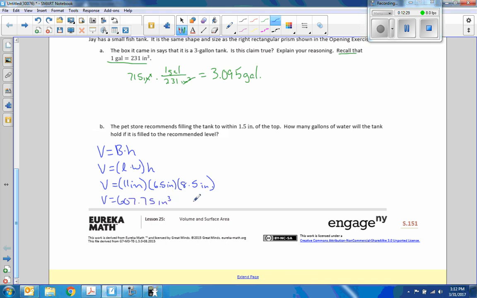Okay, but we don't want to know it in inches cubed. So now we're going to take that 607.75 inches cubed and multiply it by this 1 gallon over 231 inches cubed.